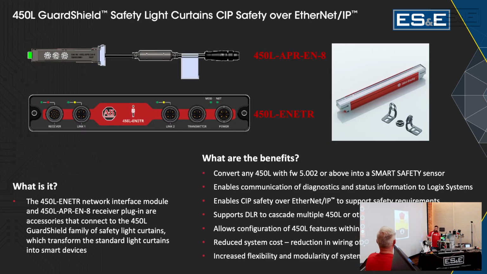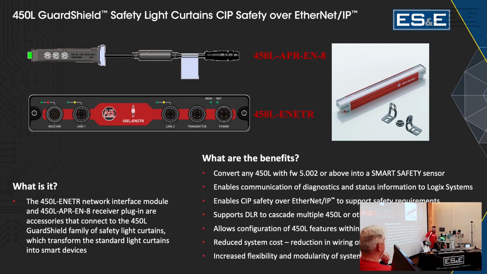As we move on, we want to talk about the 450L series light curtains. If you remember, this is what we built our risk assessment on in SAB. It prohibits the user from entanglement or crushing by the conveyor or the brush.